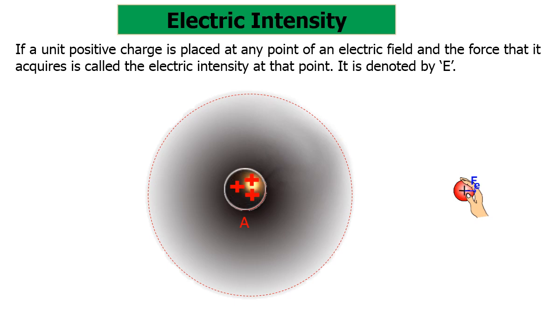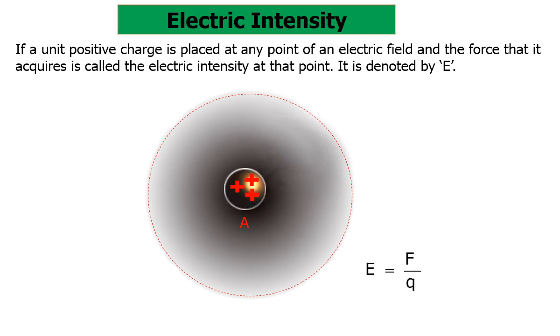And if you try to bring a positive charge, you can see here a person brings a charge and he will experience a force Fe. Let's see again. The charge will experience a force from the body A, and that force is called electric intensity.